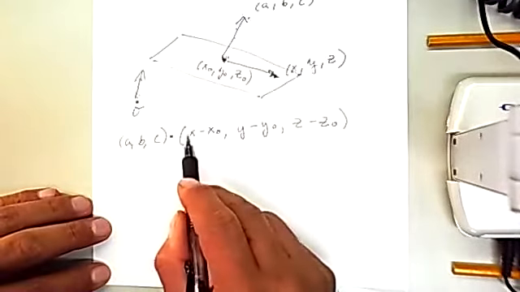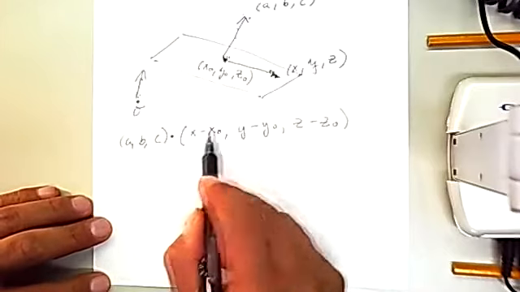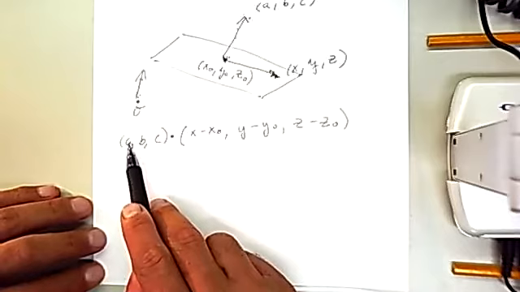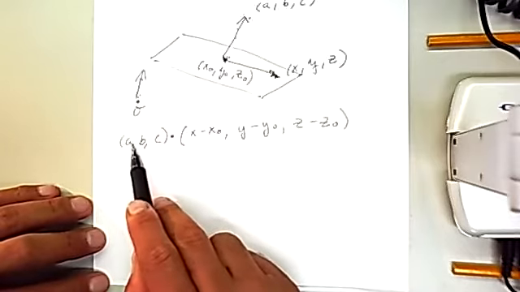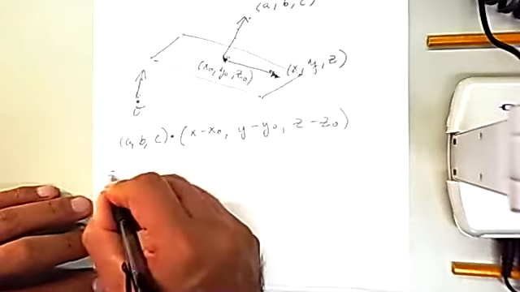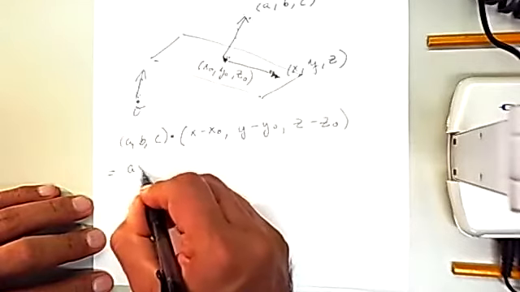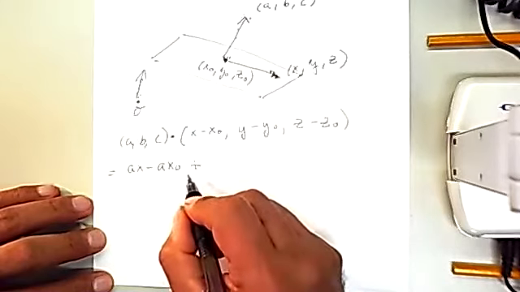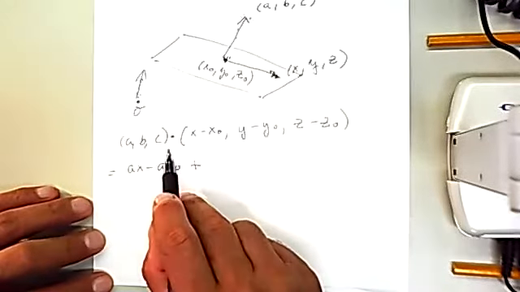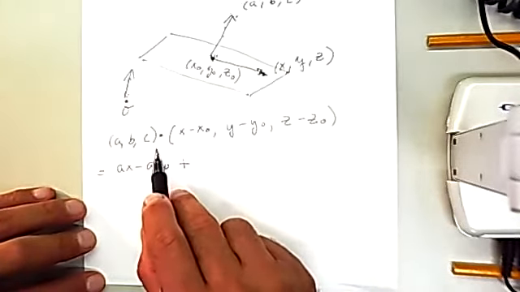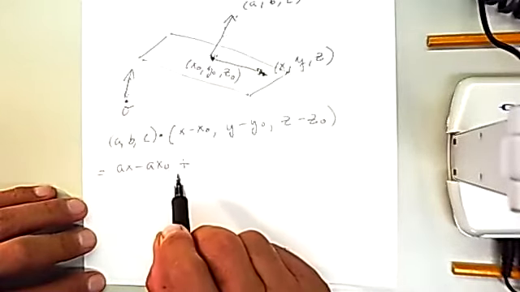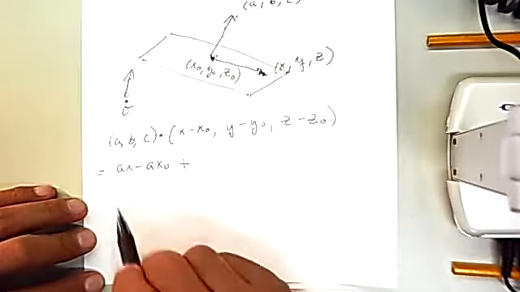So the A multiplies with the x minus x naught, which in turn means that we multiply the A with the x and then the A with the x naught. So we end up with AX minus AX naught plus, remember the dot product is a scalar, and we find the scalar by multiplying corresponding terms and then adding those products. So this is one product.